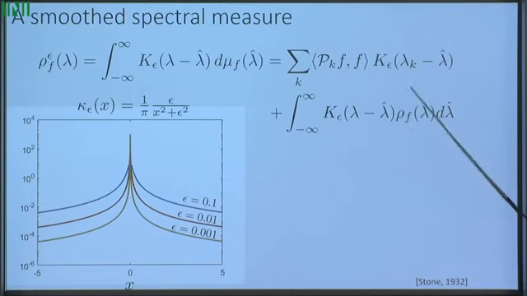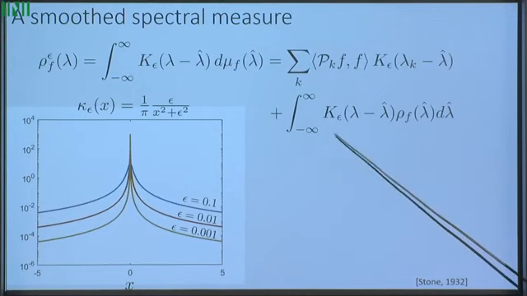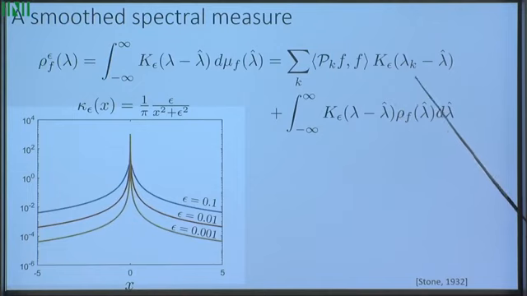So when we look at the discrete and the continuous parts, we see that we're computing some smoothed approximations to the identity. That explains the spikes we were seeing at the eigenvalues off the continuous spectrum. And we're also getting a smooth version of the density, just a convolution with the Poisson kernel.